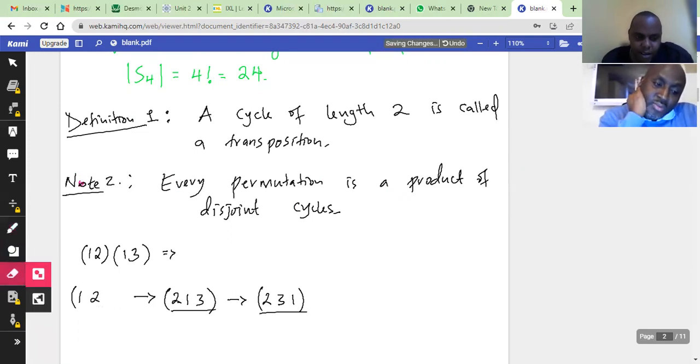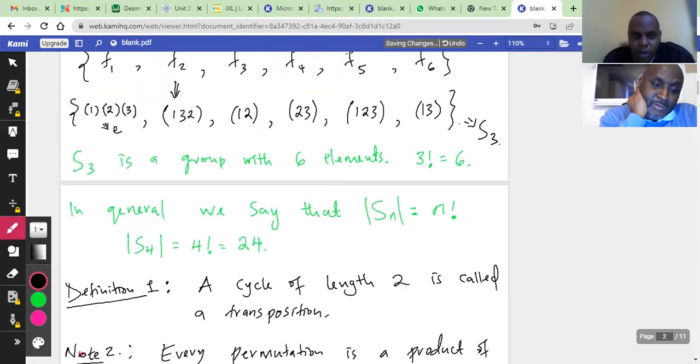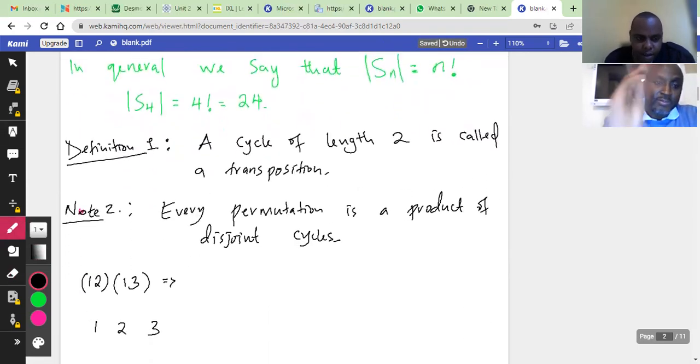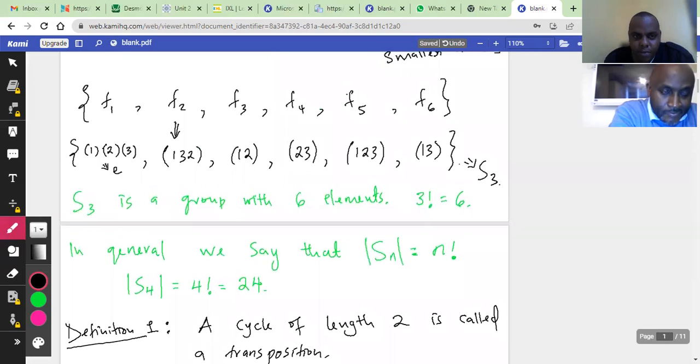Maybe I'm using the wrong notation. So I have my numbers 1, 2, 3. And (1 2) is the function F3. (1 3) was the function F6.